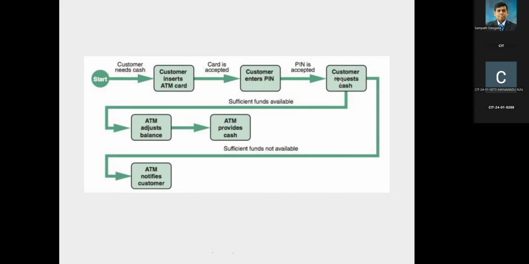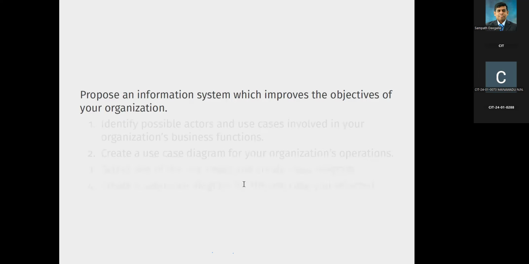Let's say the customer requests more money than what is available in the account. Then we have another scenario where you don't have enough funds in the account. Therefore, the ATM will notify the customer that not enough funds are available. Right, that's called an activity diagram.